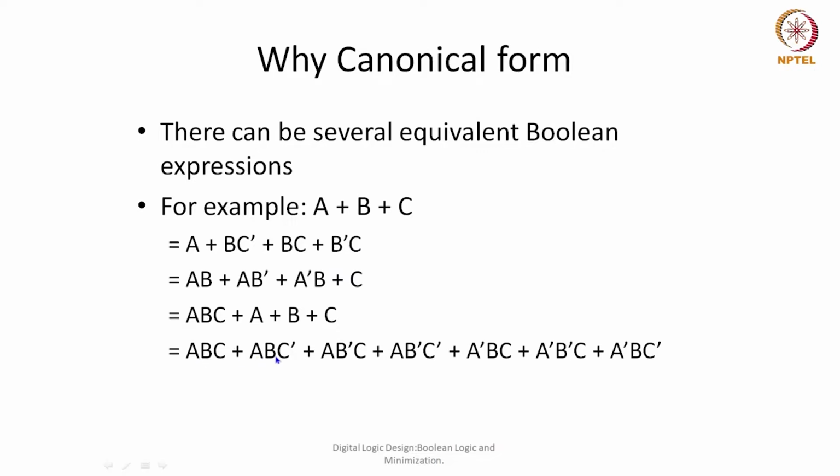So a b c dash, a b dash c, a b dash c dash, a dash b c, a dash b dash c, a dash b c dash. All the product terms have all three variables, either in the complemented form or the normal form. So this would be the canonical form of the sum of product expression.